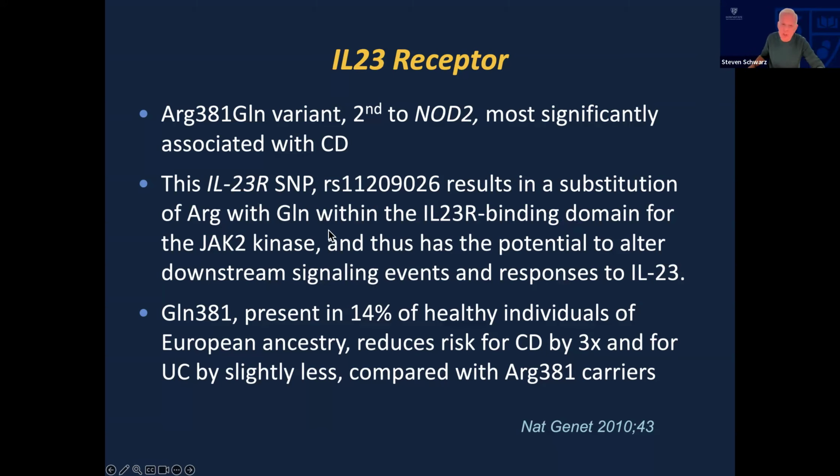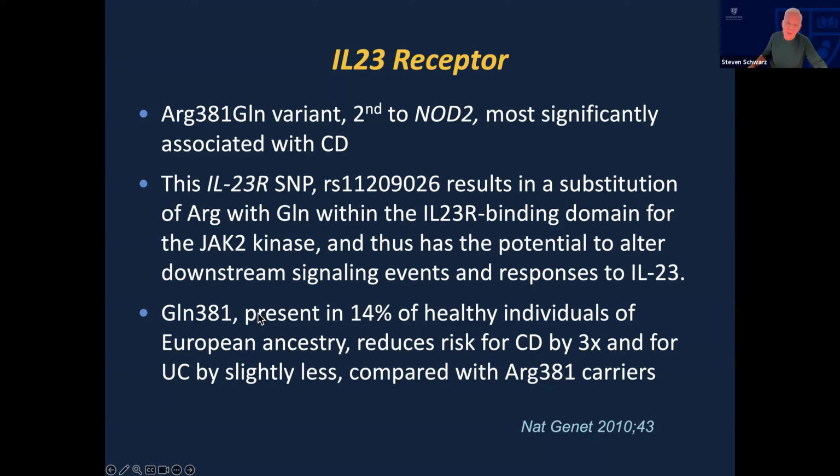So if it influences the JAK-STAT pathway, what can it do? Well, the glycine substitution present in 14% of healthy individuals, again of European ancestry, reduces the risk of Crohn's disease by threefold. And for UC, slightly less compared with the arginine.